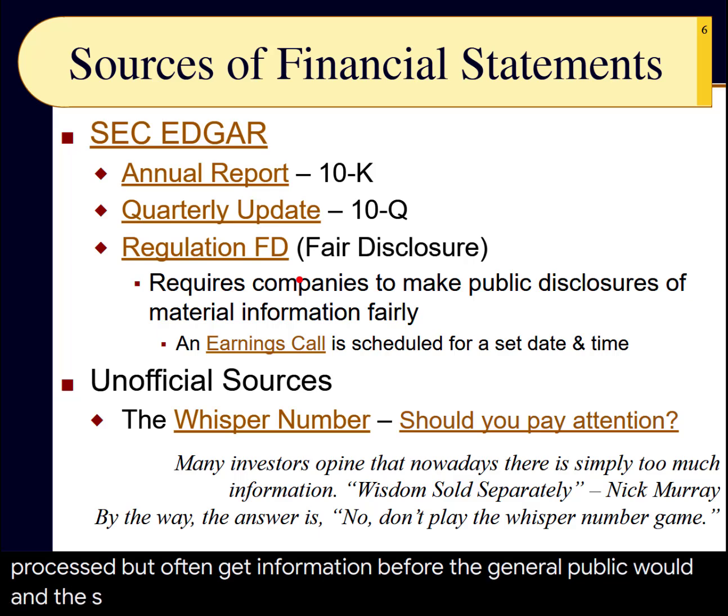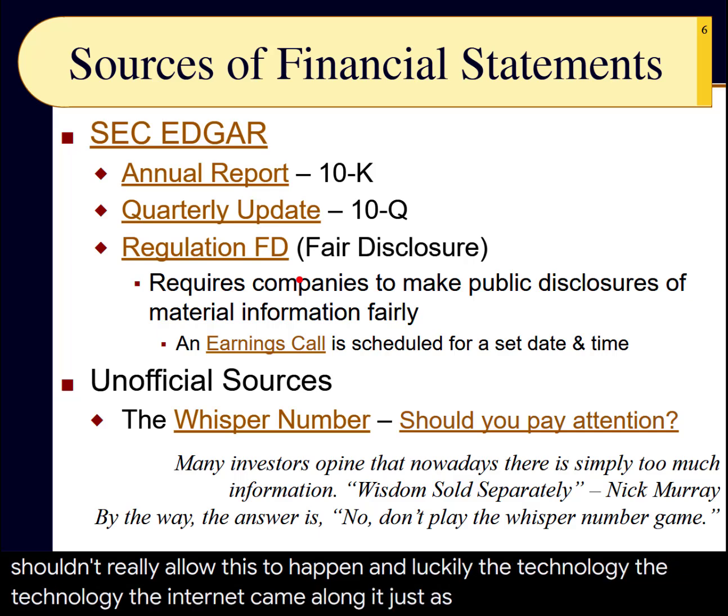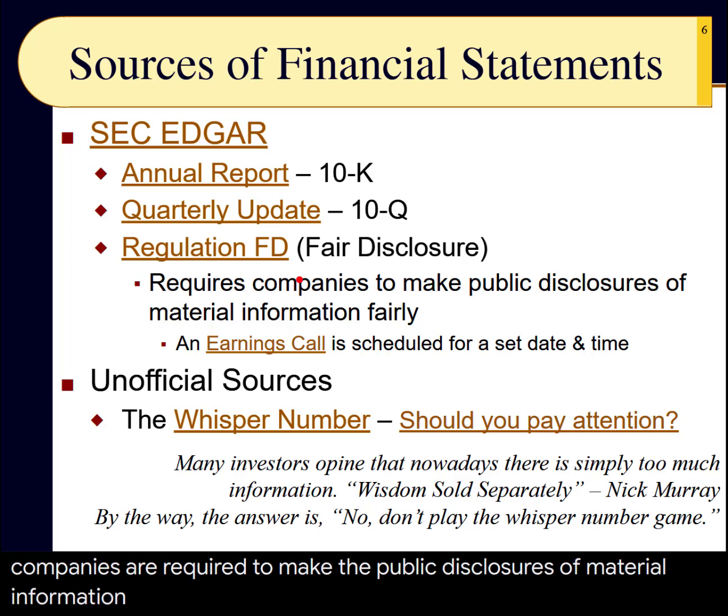And the Securities and Exchange Commission said, no, we shouldn't really allow this to happen. And luckily, the technology of the internet came along at just this time. And so now companies are required to make public disclosures of material information fairly.